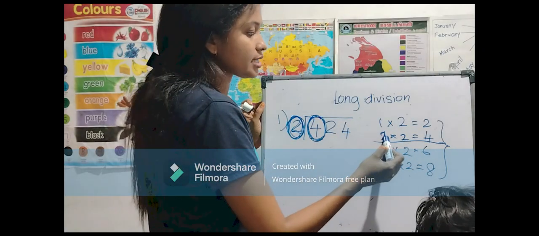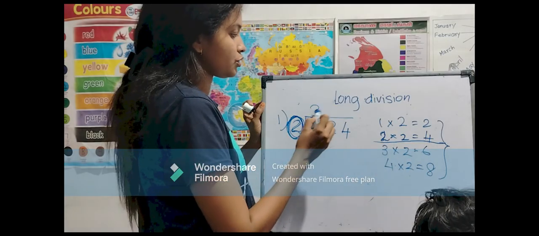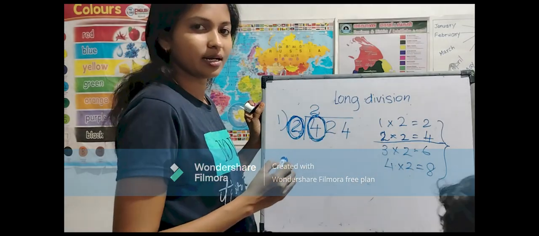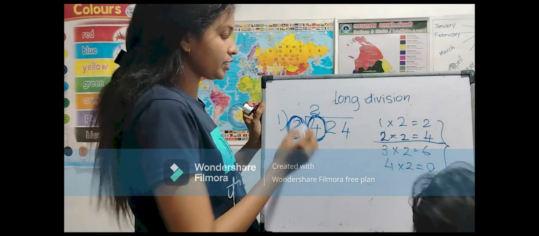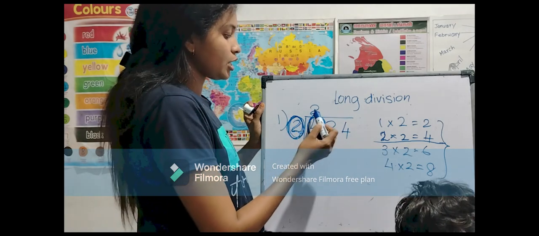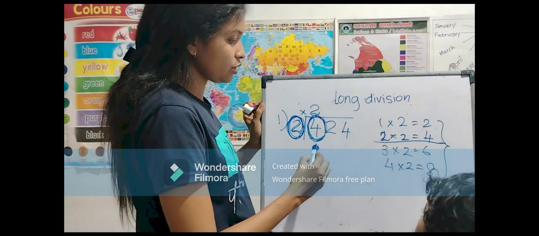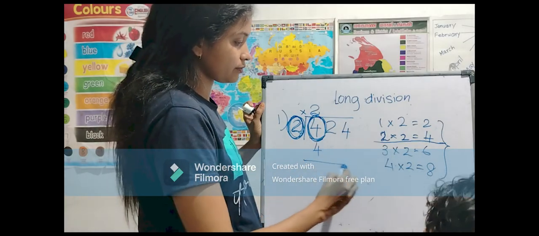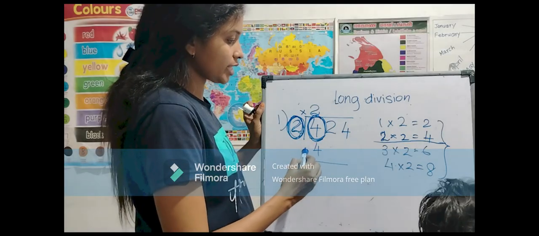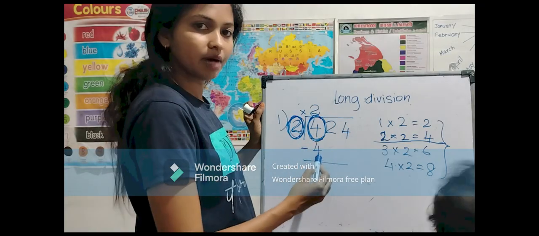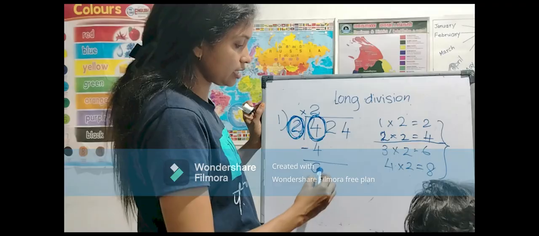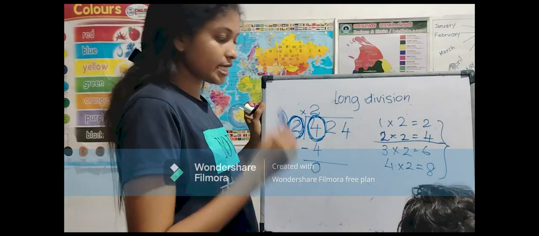The answer is 2. After that you want to multiply this 2 by 2. 2 times 2 is equal to 4. Then you want to subtract 4 minus 4. That is 0.